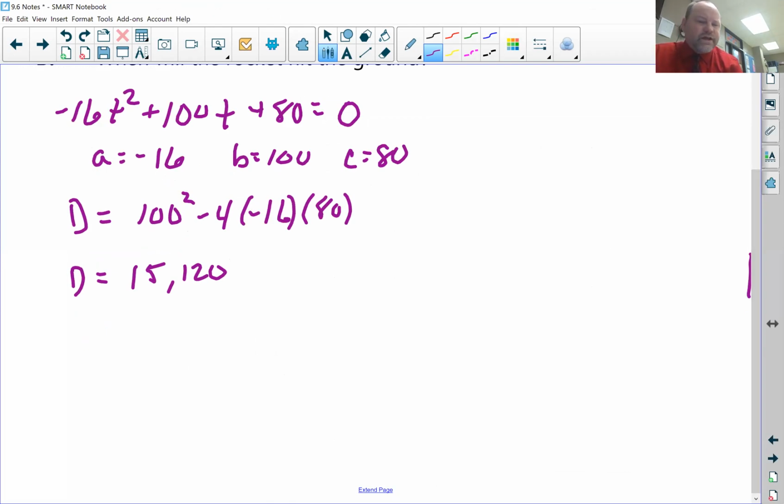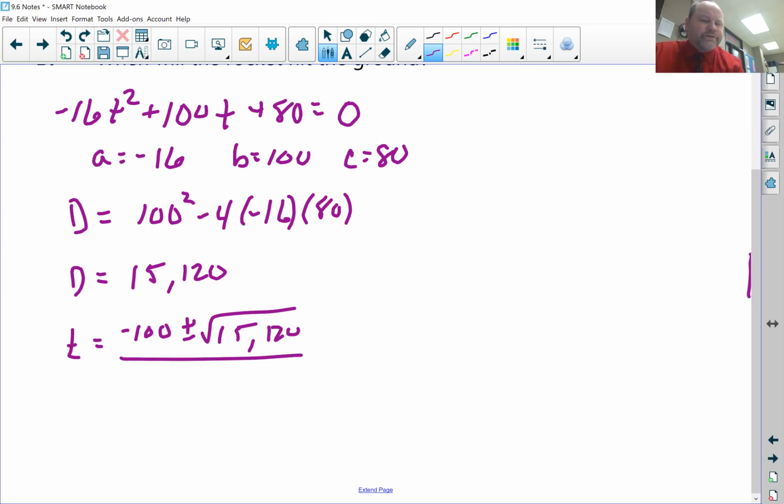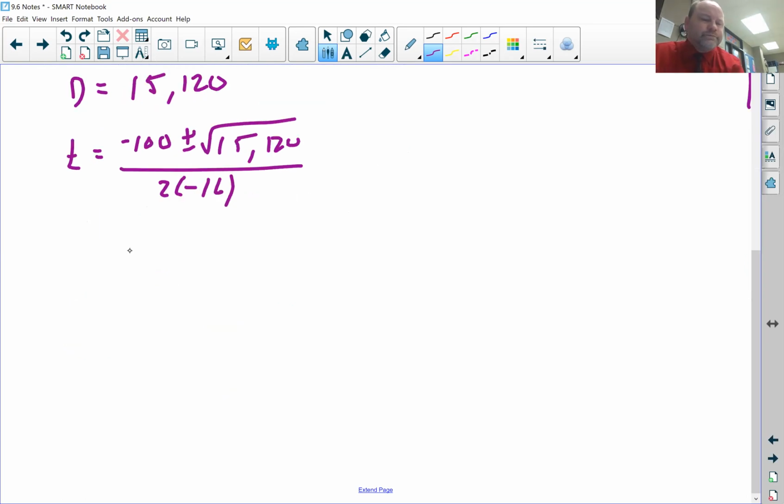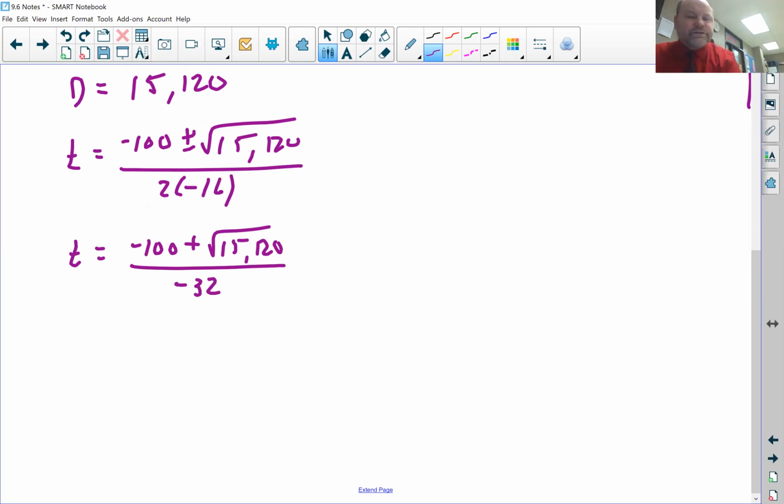That means our time when it hits the ground will be negative 100 plus or minus the square root of 15,120 divided by 2 times negative 16, and then minus as well.